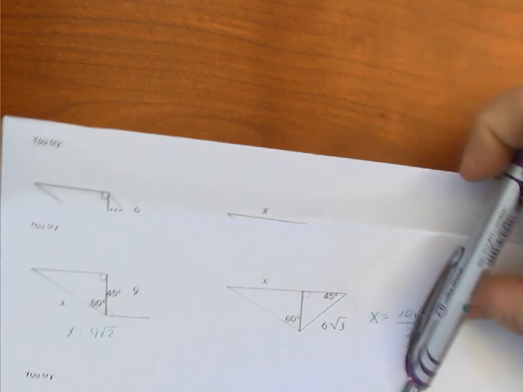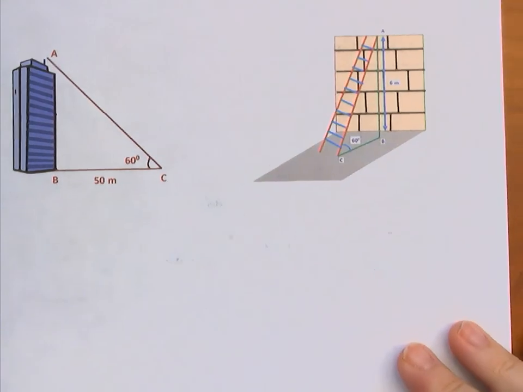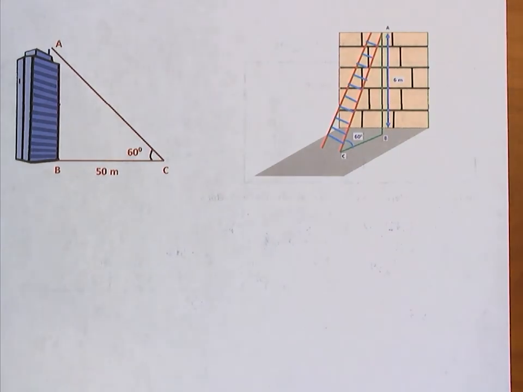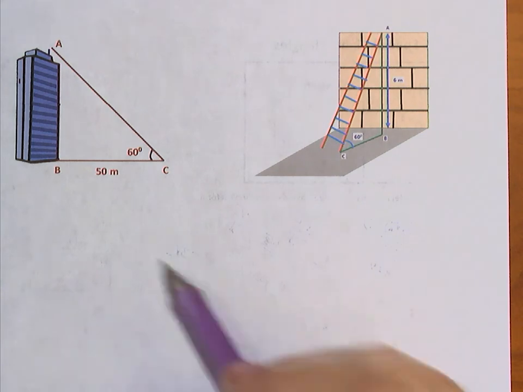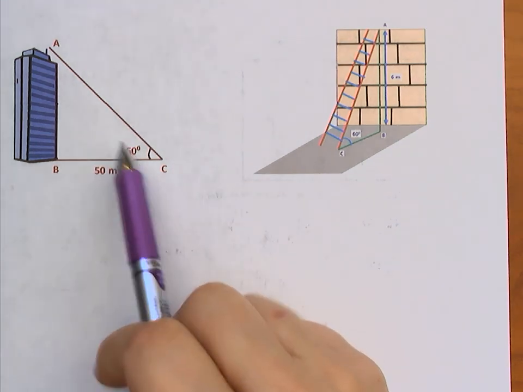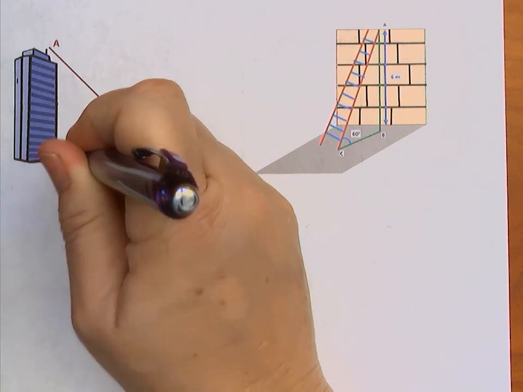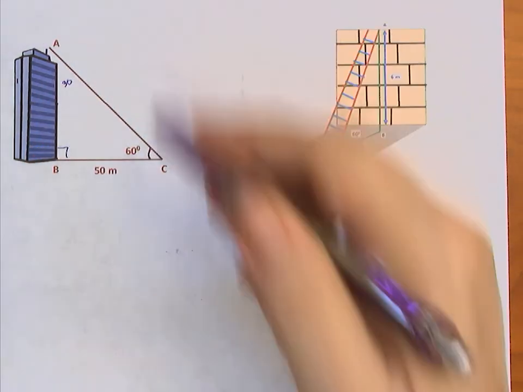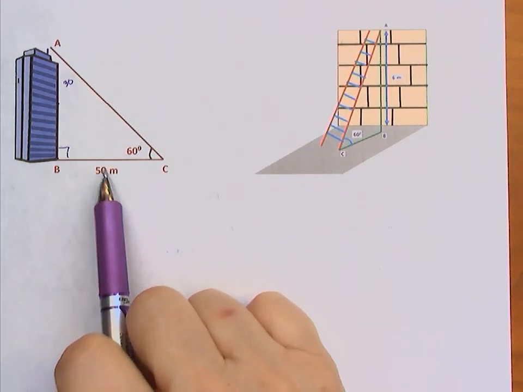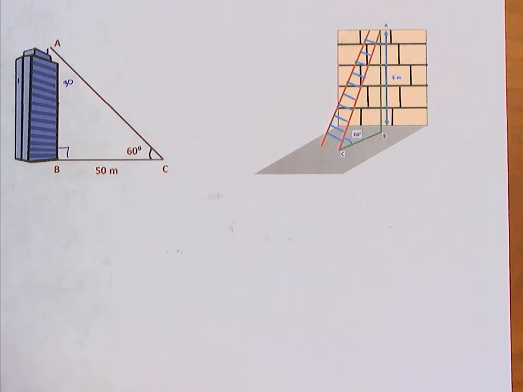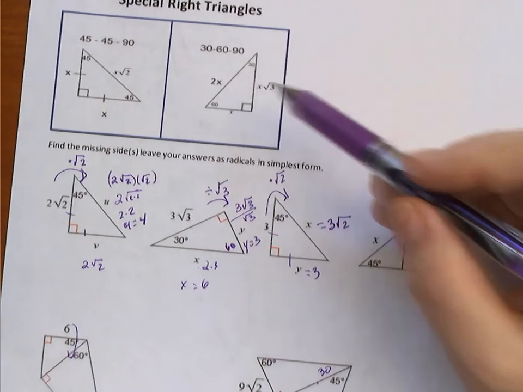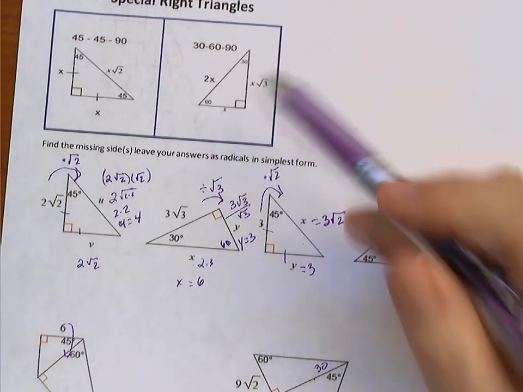All right. Now, the practical application of these 30, 60, 90 triangles work with estimating heights of things or lengths of things. And so, this is a 30, 60, 90 triangle, right? There's my right angle, that makes this 30 degrees. So this is my short side. To go from my short side to my hypotenuse of a 30, 60, 90, I multiply by 2, right?